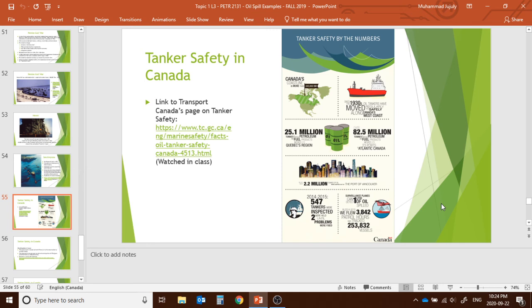But as I said, now we have lots of safe modes of travel and transportation of crude oils, and now the environmental toll is very low. One of the major reasons is that tanker safety has been effective since then.